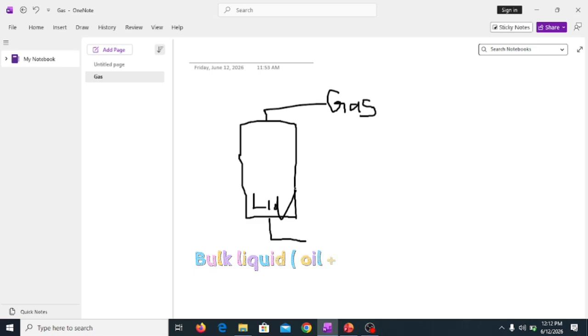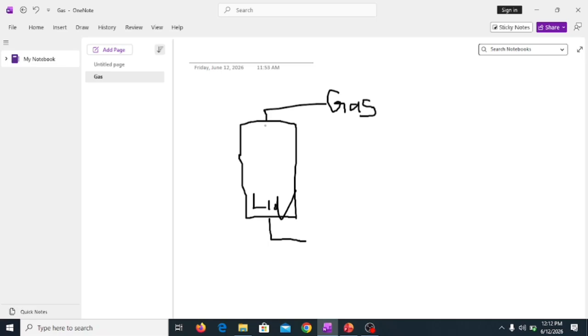So our two-phase separators are used when we have too much gas in our crude oil and want to separate the gas. We use a vertical separator, and because we have just gas and liquid, the liquid being bulk liquid containing both oil and water, that is a two-phase separator.